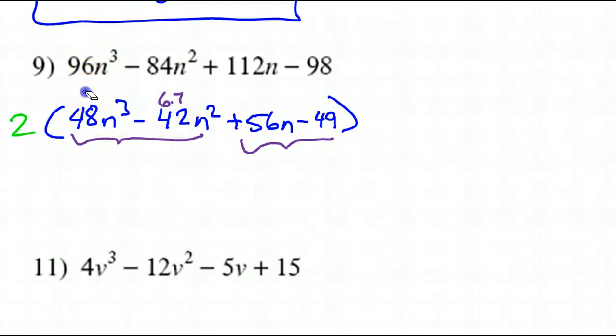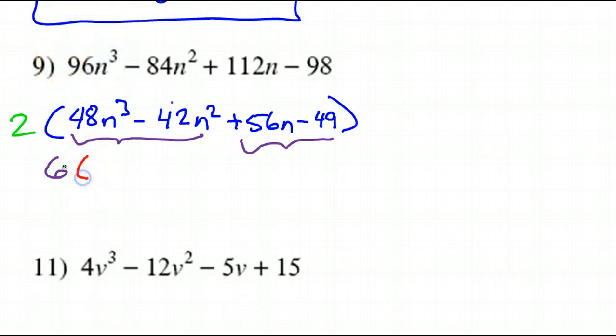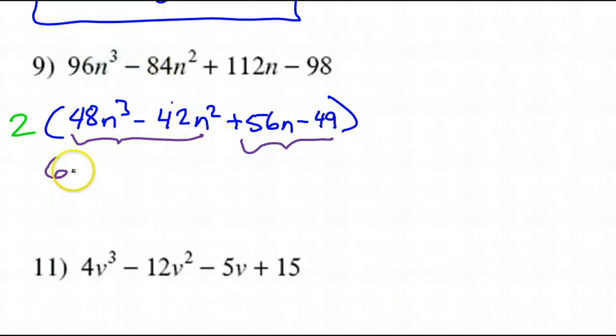So let's bring out the 6. So if I do that, then I've got the 6. Oh, I'm sorry. Let's bring out 6n squared. Let's not forget the variable part. All right, 6n squared.